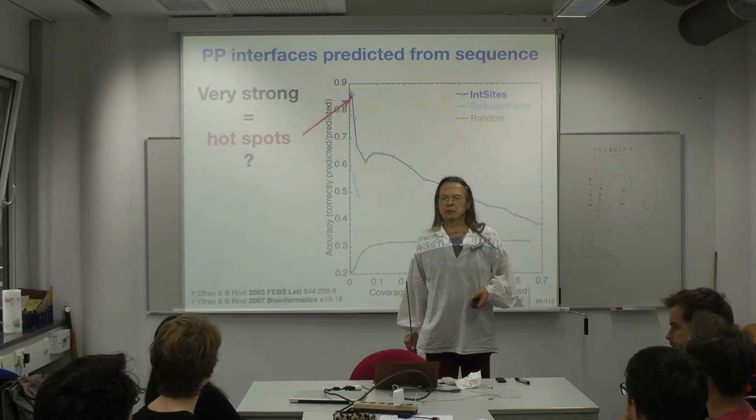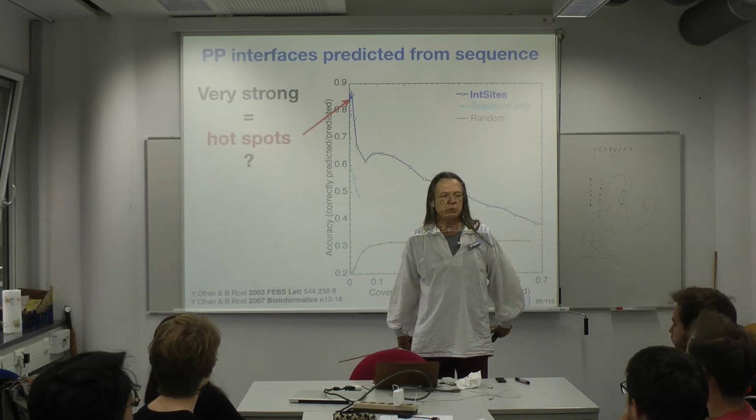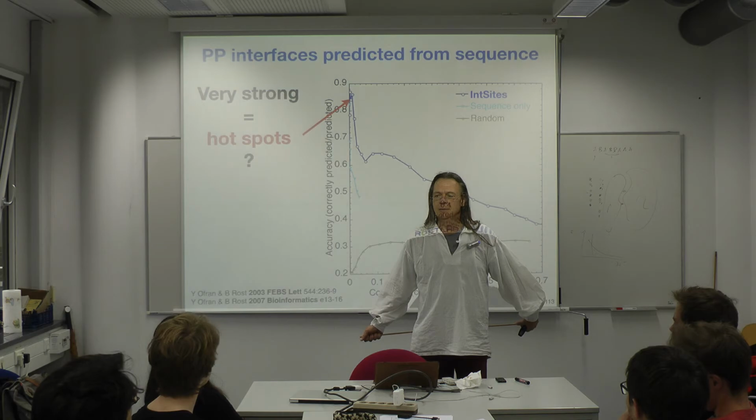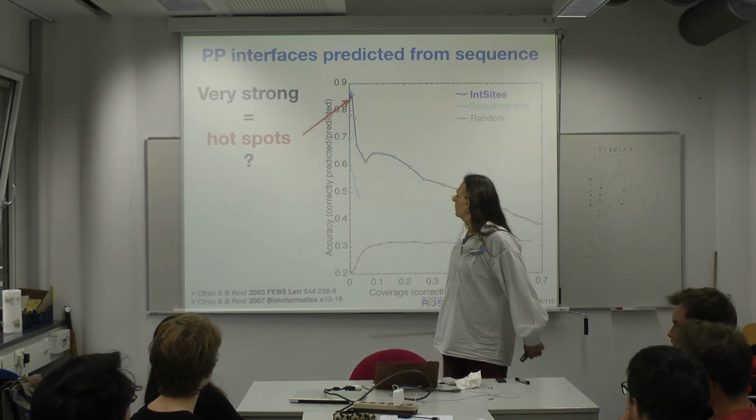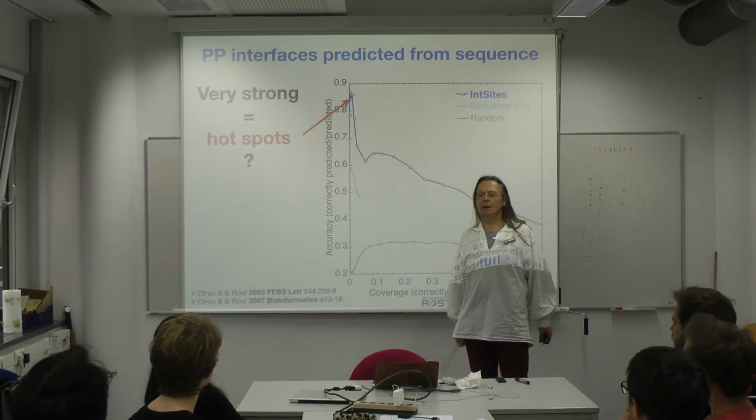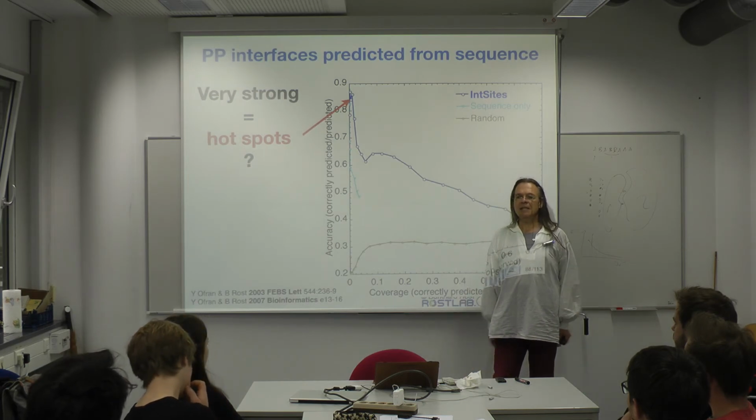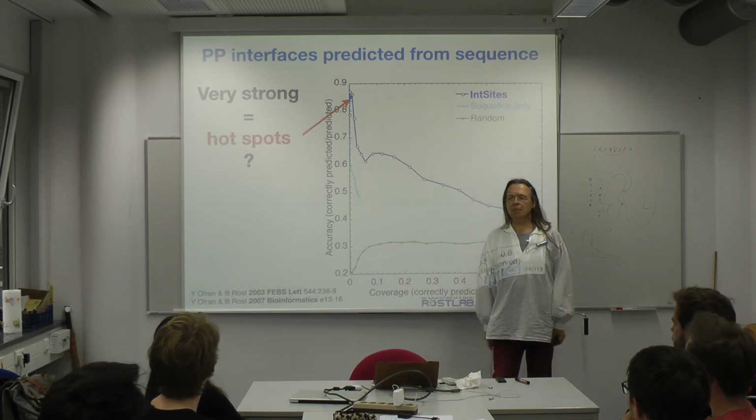So how would you test whether your system sort of picks hotspots? Well, you cut off at some high reliability, and you get a data set of somebody who in fact measures hotspots.